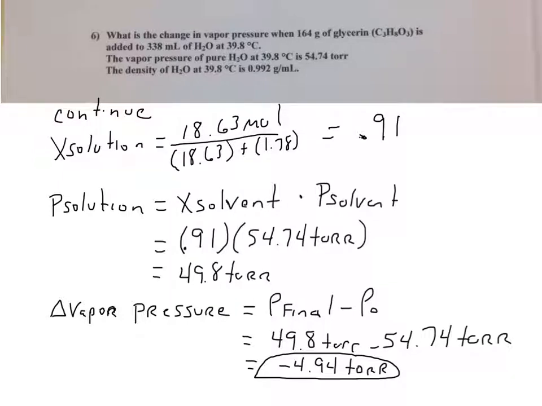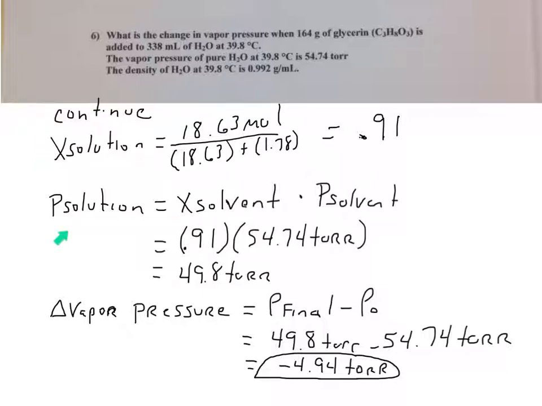As we continue with our solution, we will take our 18.63 moles that we calculated from the previous slide for water. We will divide that by the 18.63 plus the 1.78. This is the moles of glycerin and the moles of water, and we get 0.91.